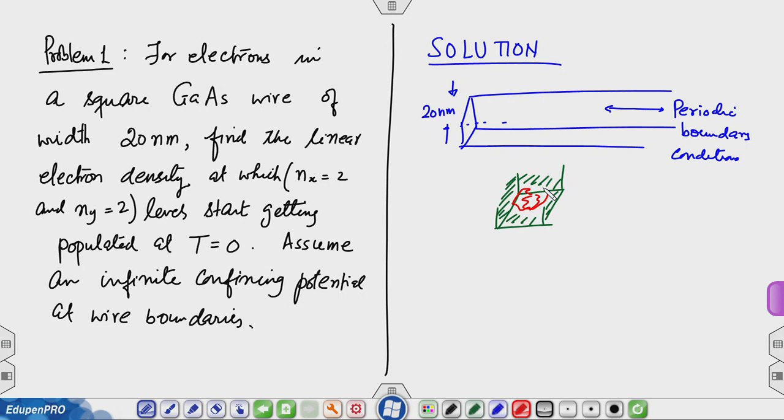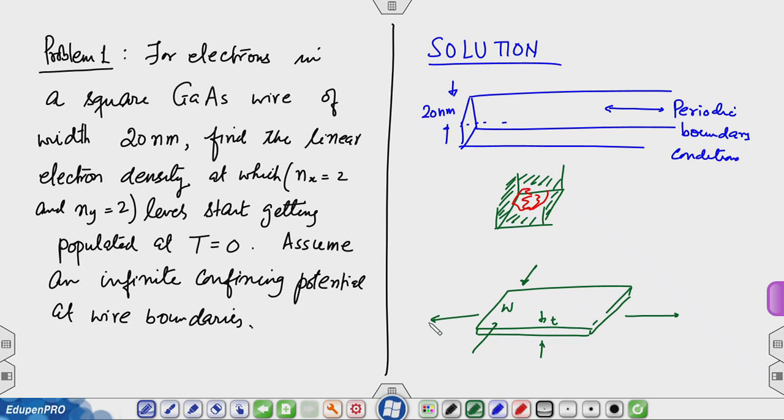Now, I want to connect this to what I did in the lecture first. Recall in that lecture 10, what I had was a wire which had a width w and a thickness t, and it was infinite in this extent.